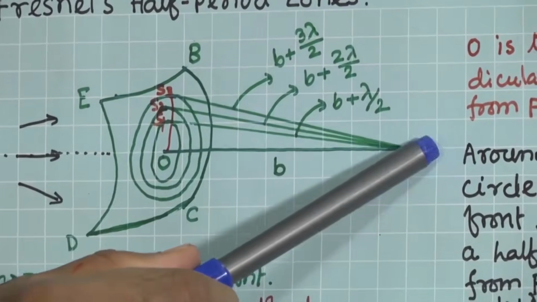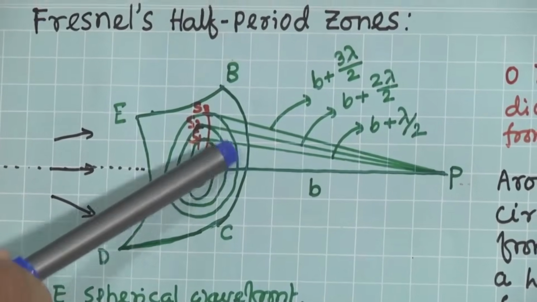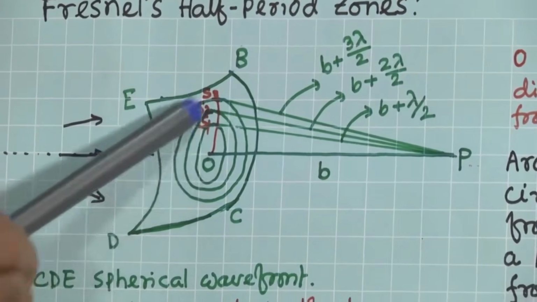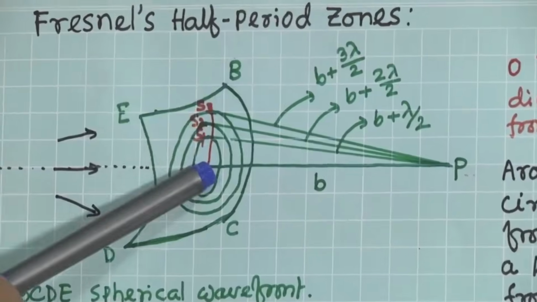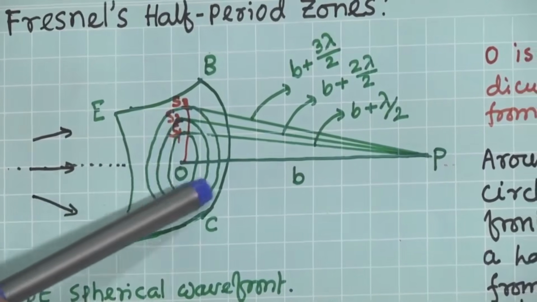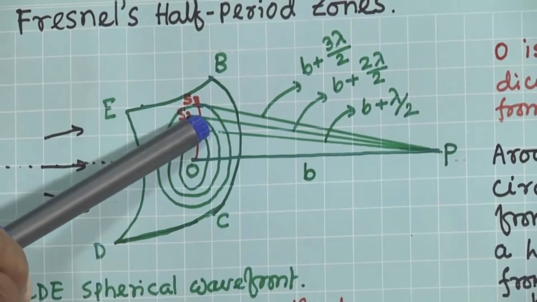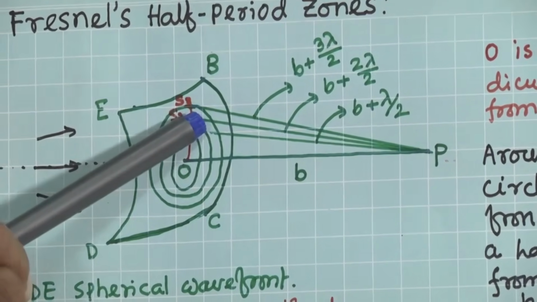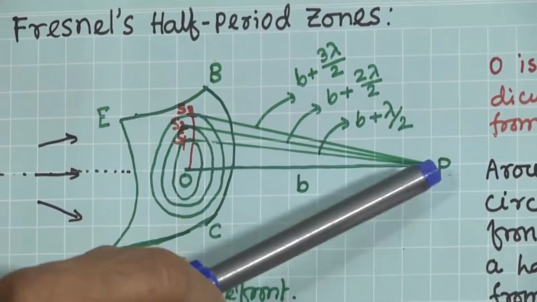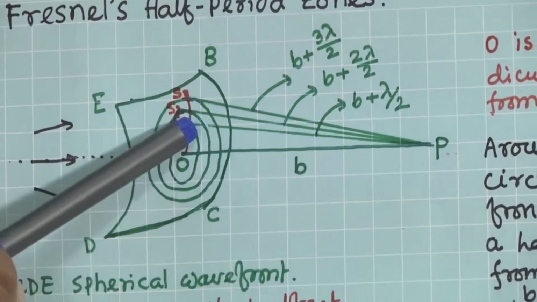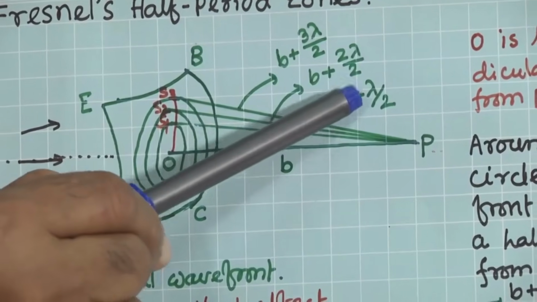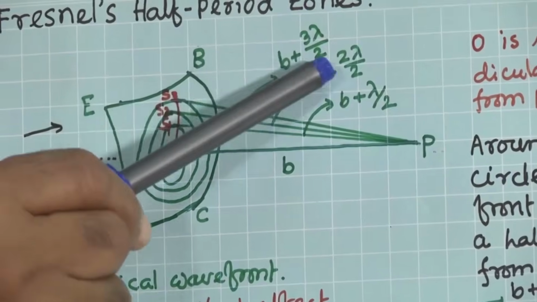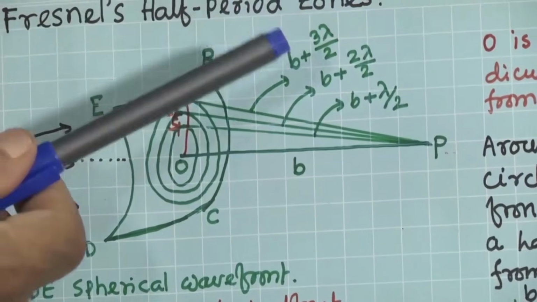So taking these distances, draw concentric circles on the aperture in such a way that the distance from a point on the first circle to the point P on the screen is B plus lambda by 2, then for the next circle it is B plus lambda, etc.